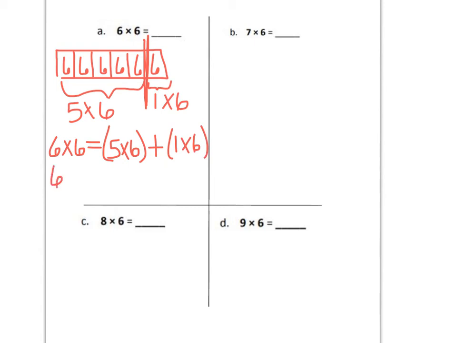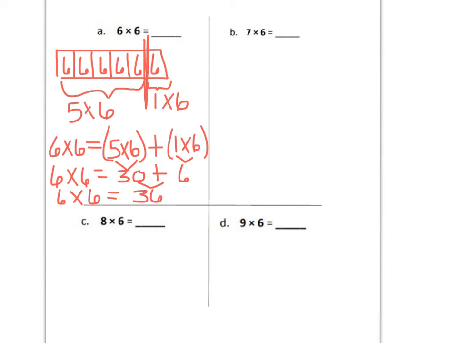Again, I'm multiplying by 5. That's a lot easier to count by. That equals 30 plus 1 times 6 equals 6. 6 times 6 equals 36. And you solved that using the distributive property.